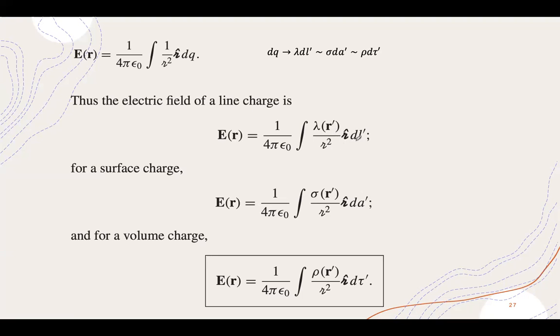This is just the replacement of dq by lambda dl prime. You don't have to remember it. If you know this convention and this formula, then you just have to substitute, and you're going to find these expressions very easily.